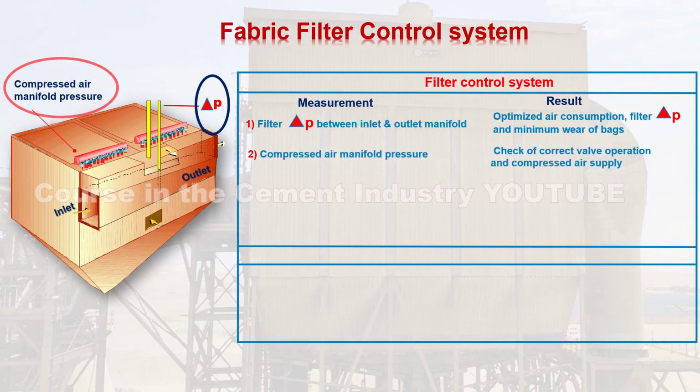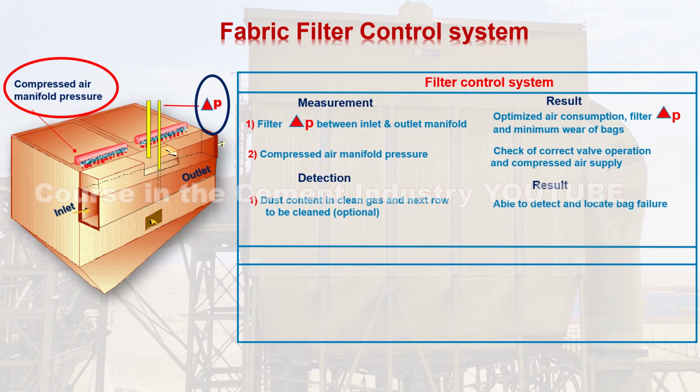Check of correct valve operation, and compressed air supply. Detection. 1. Dust content in clean gas, and next row to be cleaned, optional. Result: able to detect and locate bag failure. 2. Damper position, open or closed. Information regarding which compartments are in operation.